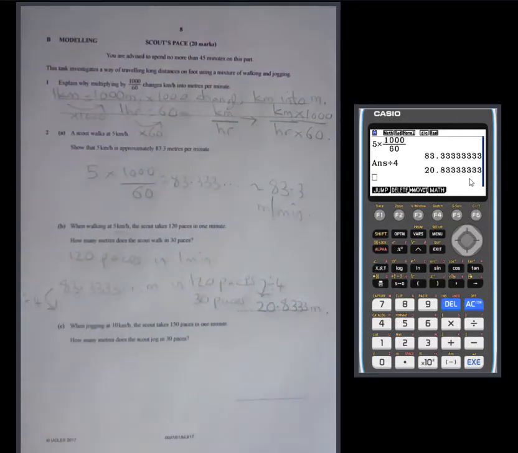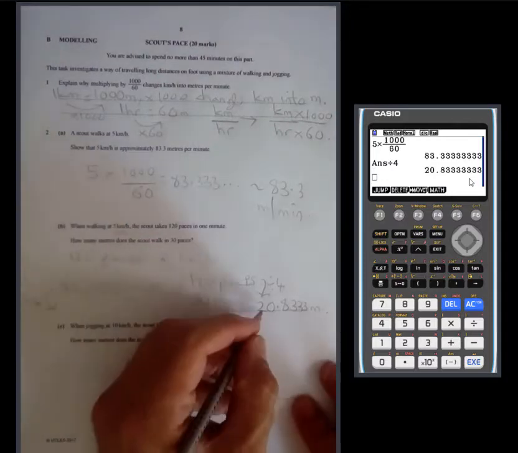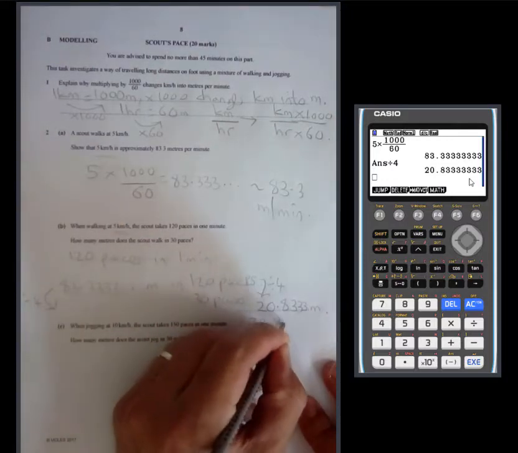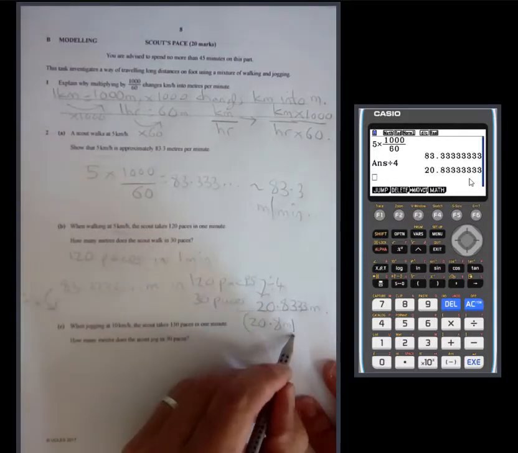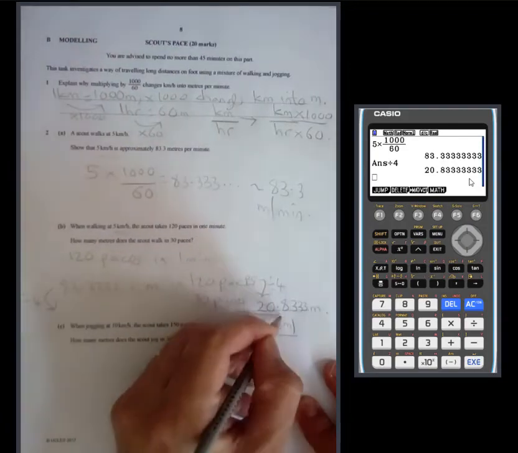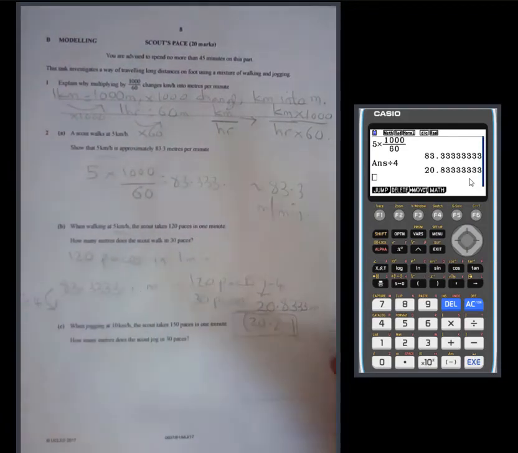I'm not going to do a lot of rounding in this, I think these 0.33333s are probably more useful like that. If you want to call it 20.8, because you want to do 3 significant figures, you probably should, but I don't think you're going to lose the marks either way in this sort of paper.